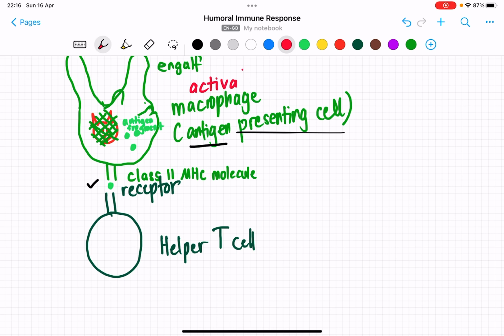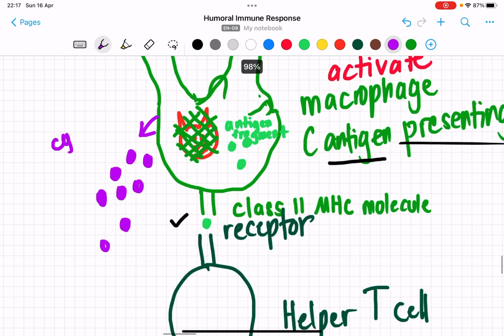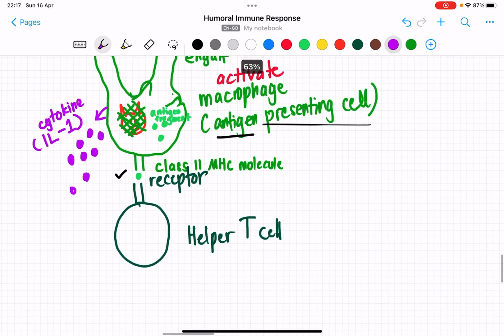So once the macrophage is activated, it's going to secrete interleukin 1, which is the cytokine. The APC will secrete the cytokine, also known as interleukin 1. What does the cytokine do? It's going to activate the helper T cell.